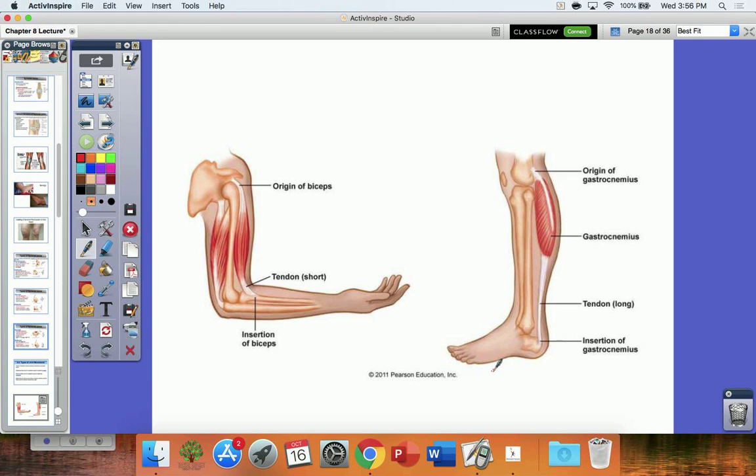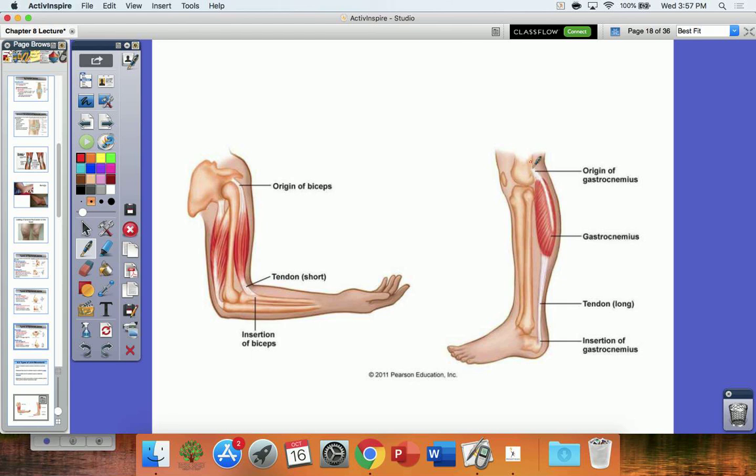This is the example I was referring to with the biceps. The origin is here. It inserts at the radius, and as we flex, this part is pulled towards the origin, and so the bicep will get shorter when that muscle contracts.